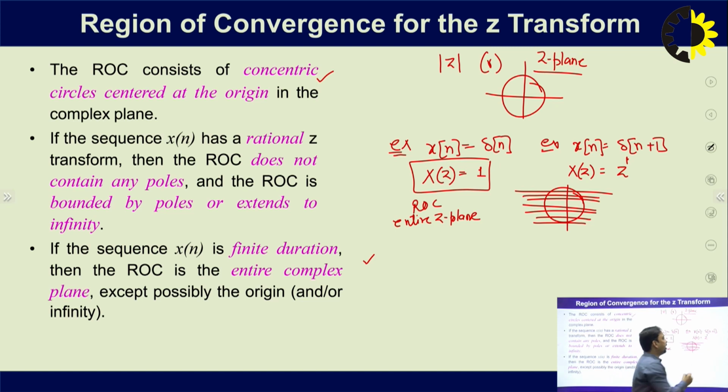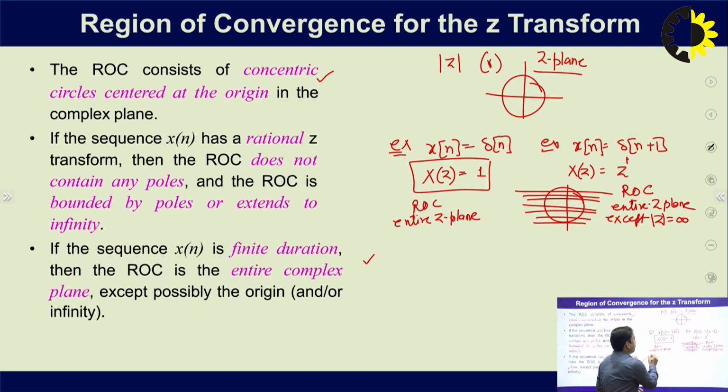So we can say that the ROC here for delta[n+1] is the entire z plane except z equals infinity, or mod z equal to infinity. So these exceptional points we need to check.